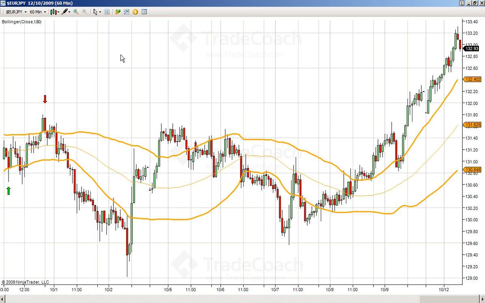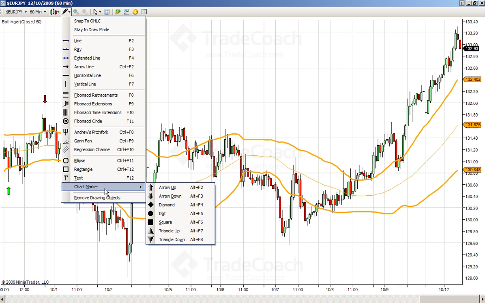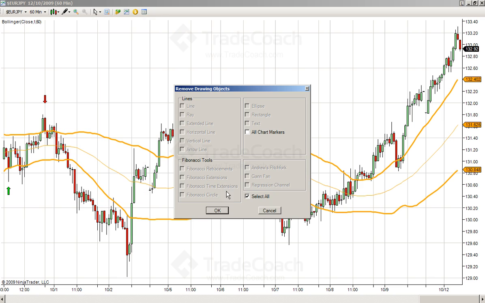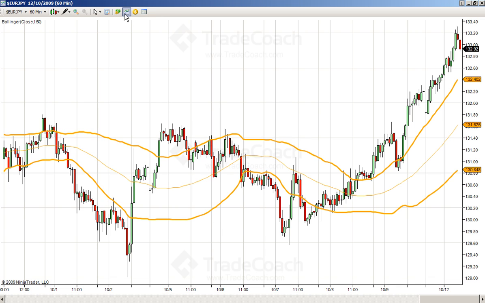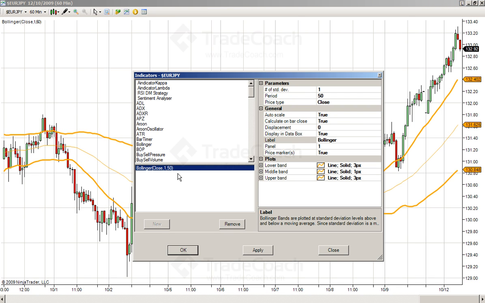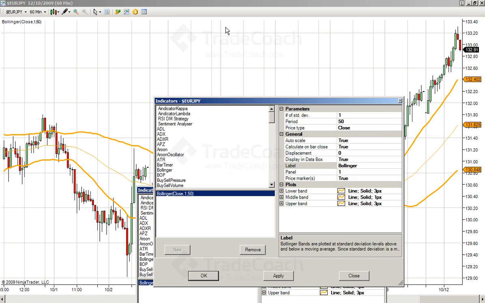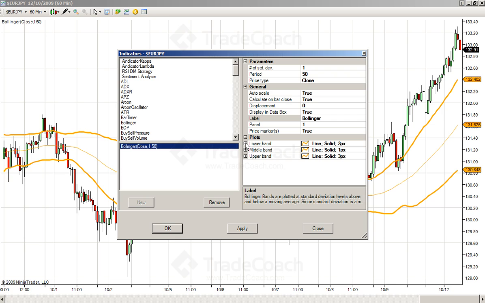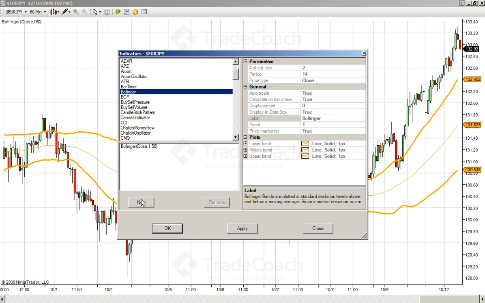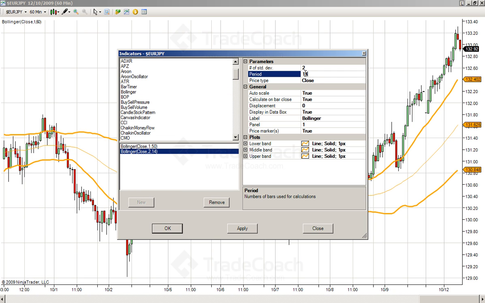Here's what I'm going to do. I'm going to get this weekly on 1 standard deviation. The reason I'm using that is because I just like the way it moves. And on top of that, we're going to put the other one, we're going to overlay them. 2 and 14.